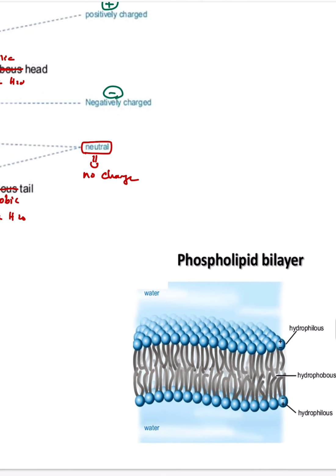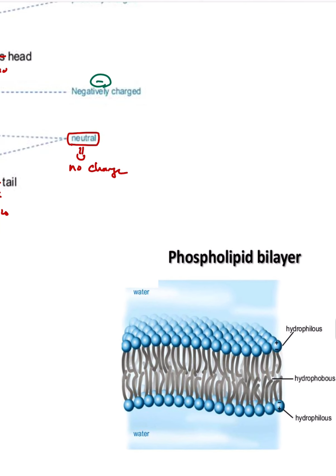As I mentioned, the phospholipid bilayer is a two-layer, and the head is hydrophilic, and because of this it has a positive or negative charge.